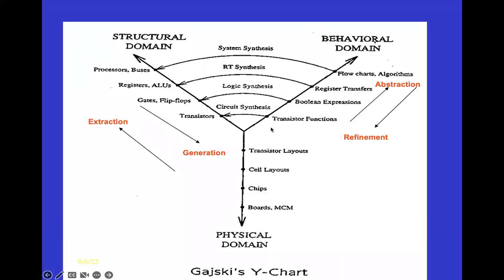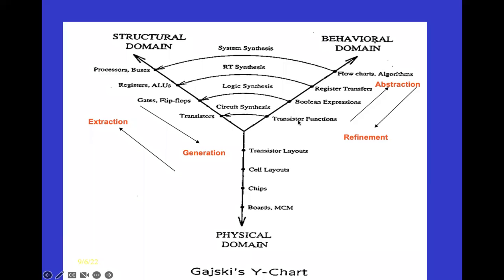Okay, and something that goes only in the physical domain is nothing but your transistors, layouts, chips, boards. Okay, then the ones that go only into the behavioral domain are your flow charts, algorithms, register functions, Boolean expressions, and minimizations, optimizations using K-map, Quine-McCluskey, and transistor functions. Okay, so all this is nothing but refinement.